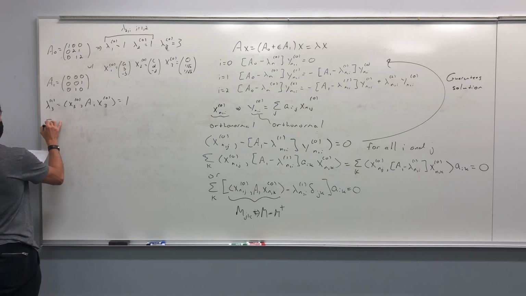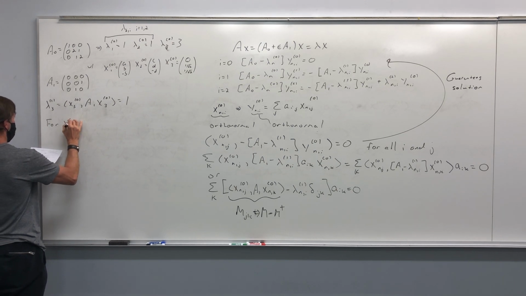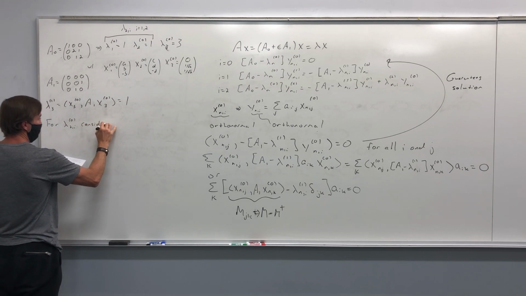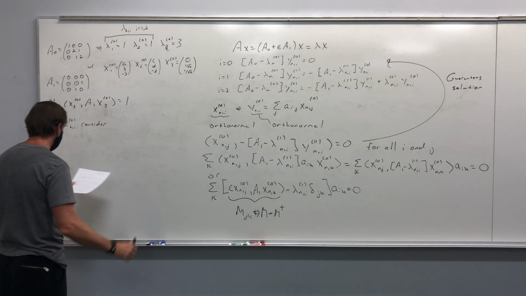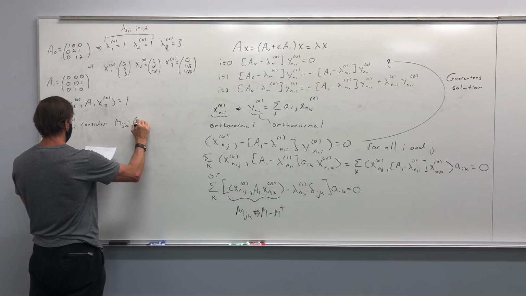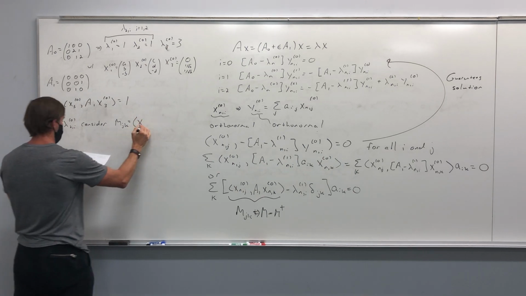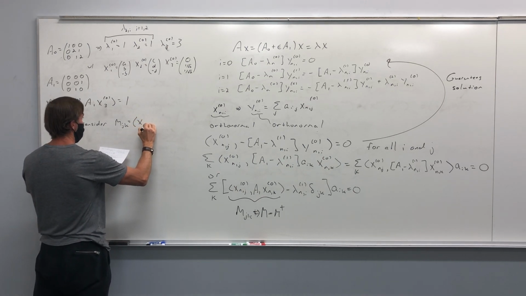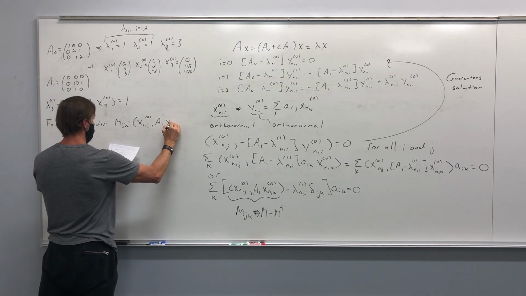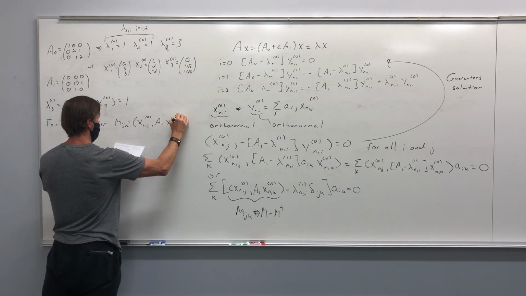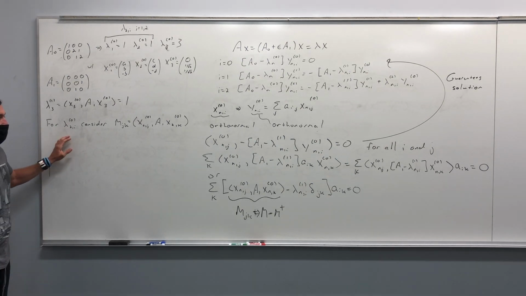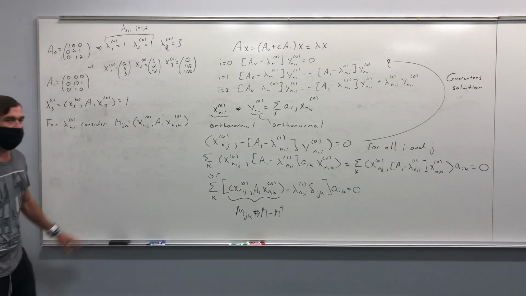For lambda 0, 2I, consider this matrix, okay? M_JK equals x2j 0, A1, x2k 0. I mean, n is just equal to 2 in this case.